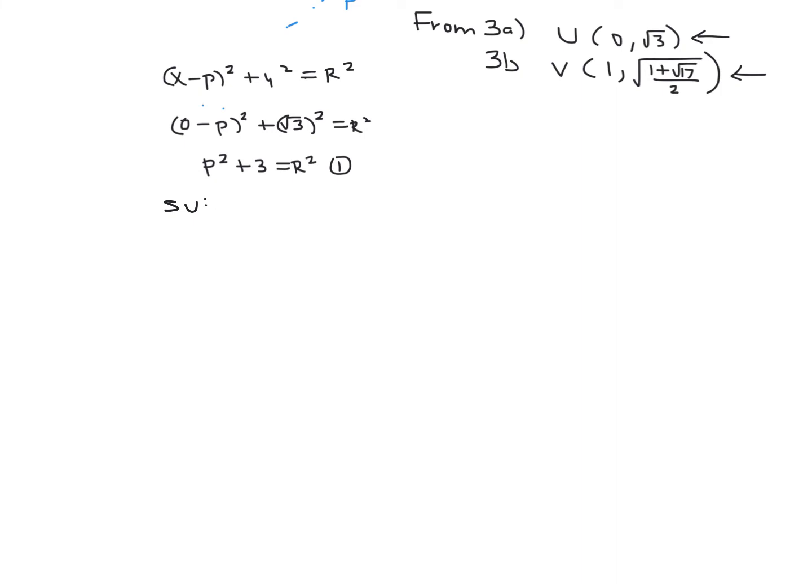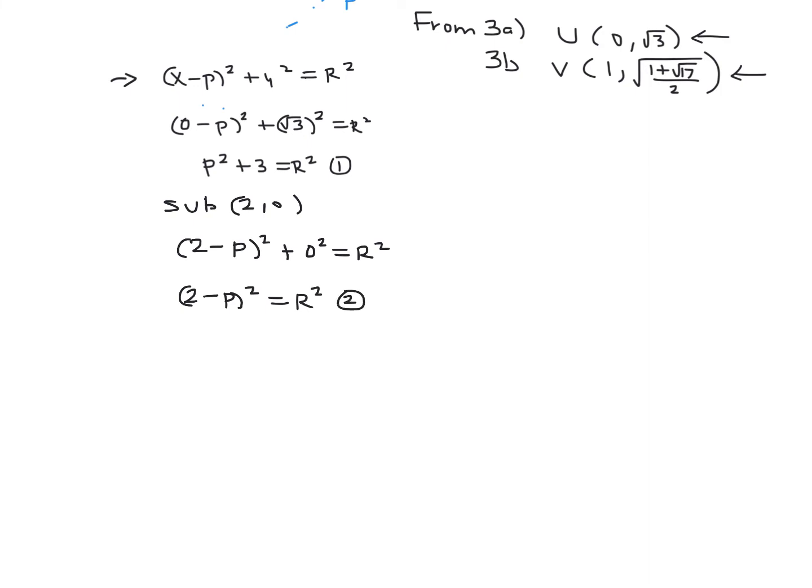So we get 2 minus p, I'm substituting in there, squared plus 0 squared is equal to r squared.